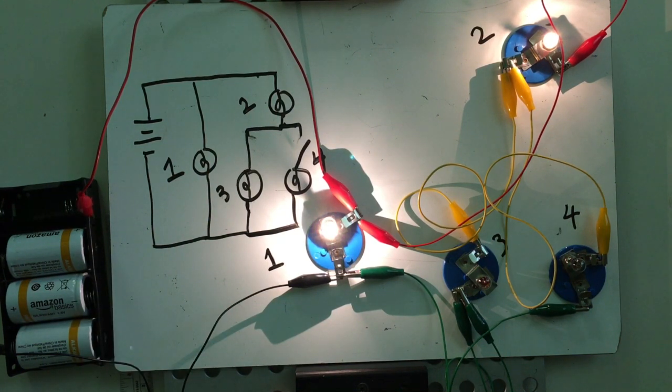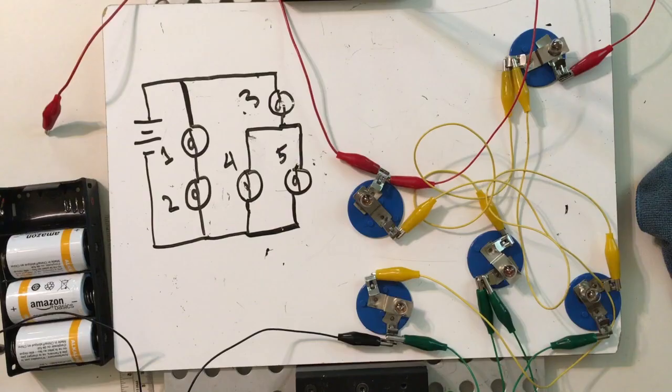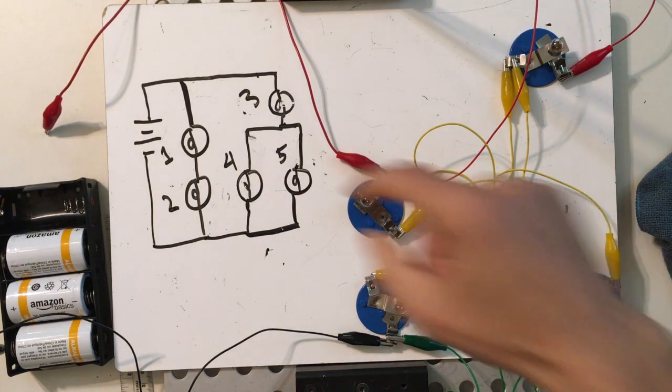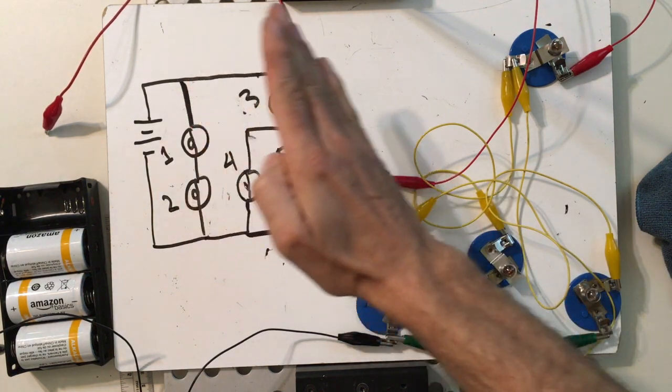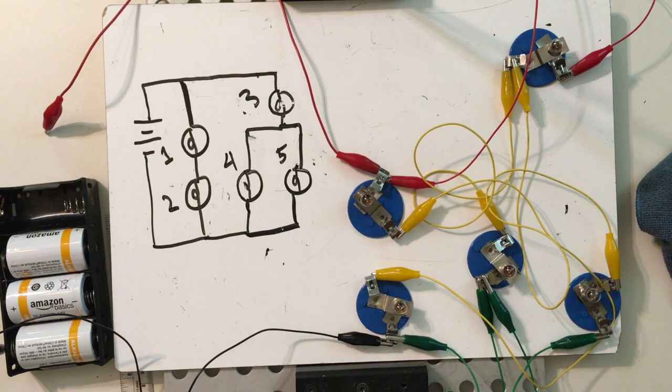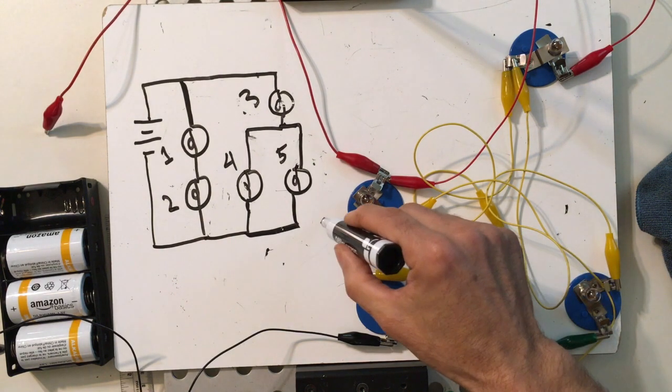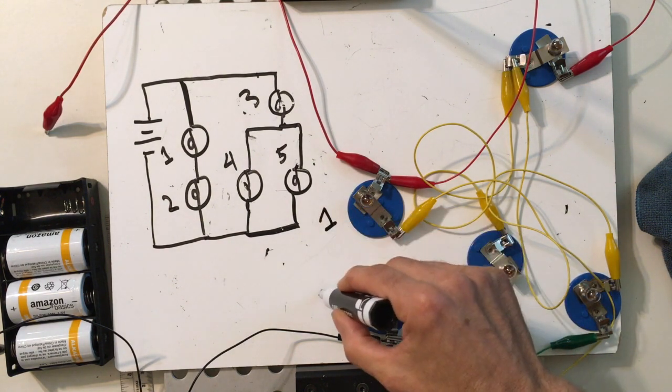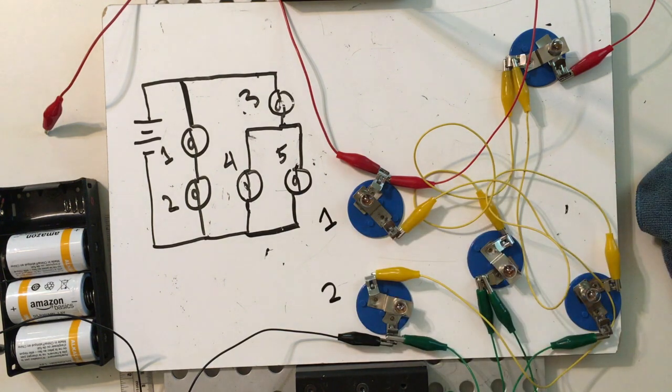Now I'll set up puzzle 4. Here's puzzle number 4. It has 5 bulbs, 1 and 2 in a row, side by side with them, 3, 4, and 5. Notice there's no switch this time. So make your prediction. I will number my bulbs while I wait for you.